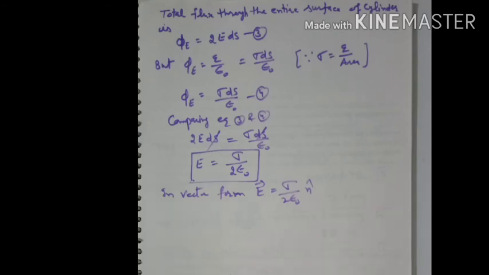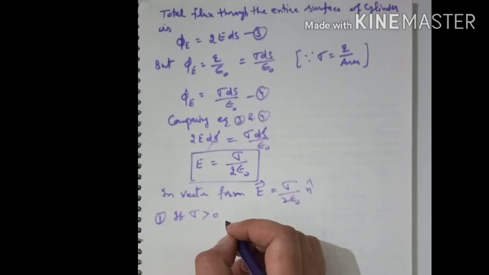So here there are two possibilities. Number one, if sigma is greater than 0, the electric field is uniform, normal and outward from the sheet.